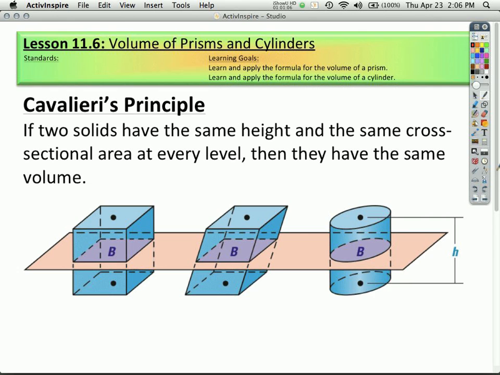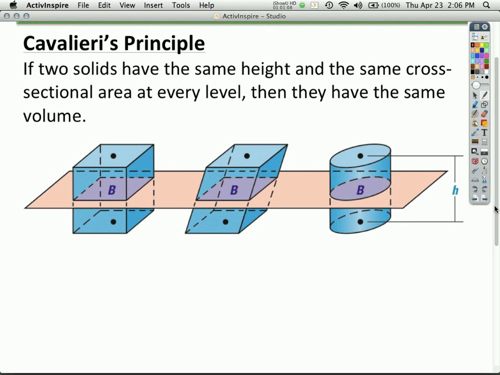All right, this is not for you to copy, this is in the textbook, but Cavalieri's principle. Oh, I'm sorry, I see some people working. I'll give you a moment.